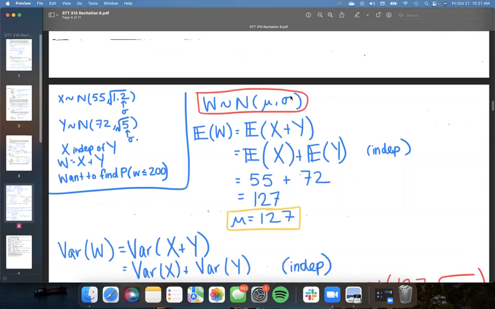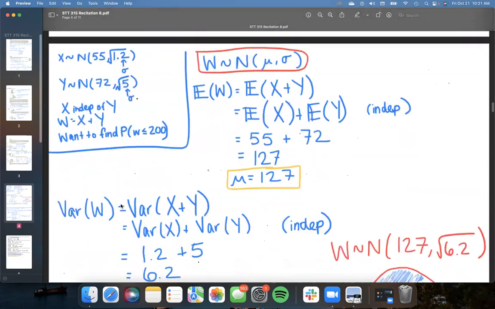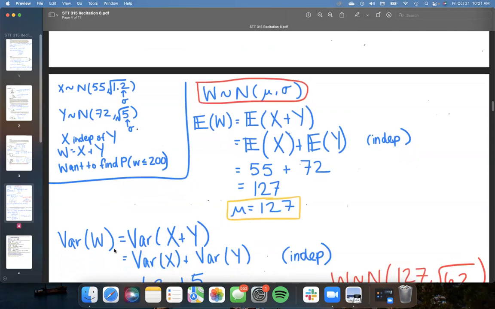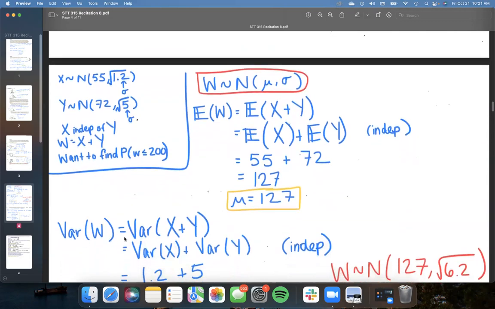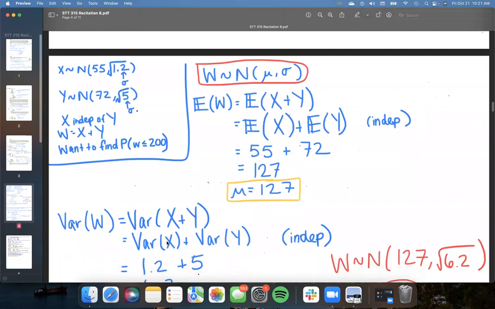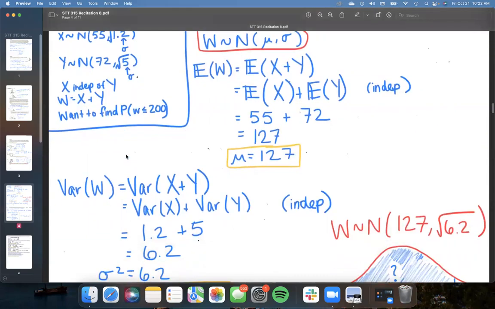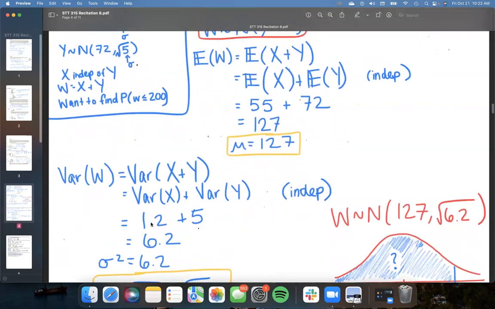Now we want to find the variance of W to eventually find the standard deviation of W. So the variance of W equals the variance of X plus Y. And because of independence, that equals the variance of X plus the variance of Y. And then we're given what the variance of X alone is and what the variance of Y alone is right here. Sorry, I think I calculated this wrong.